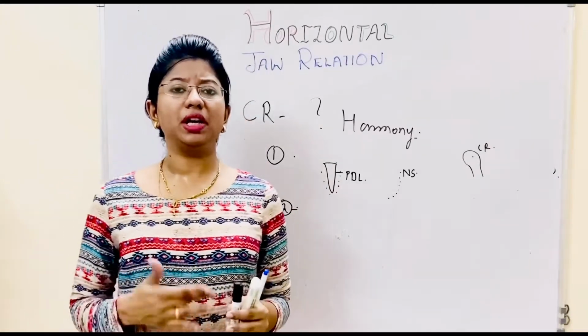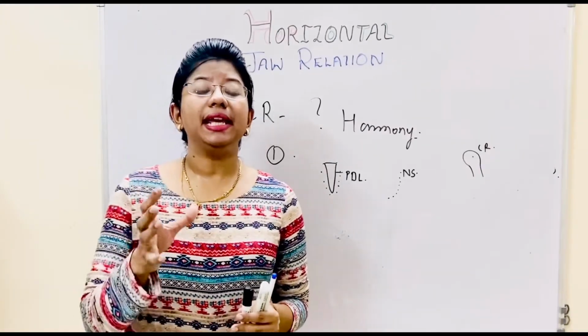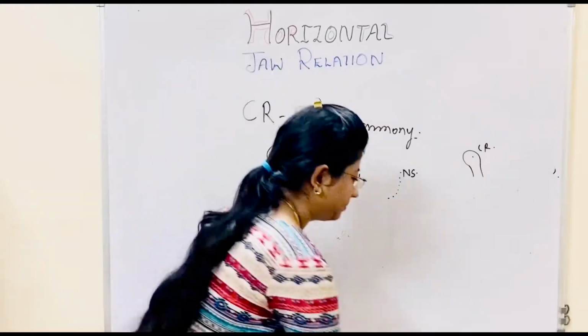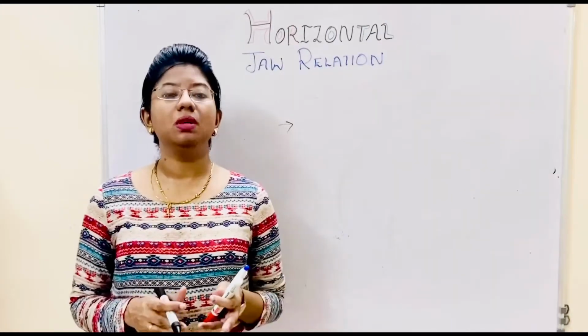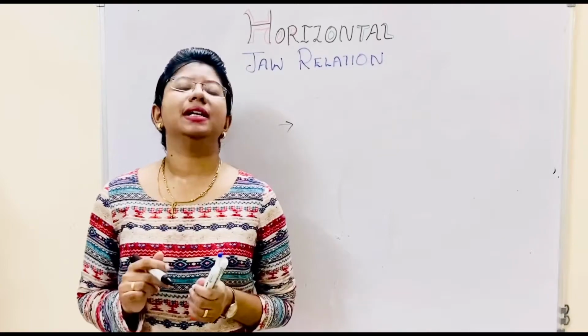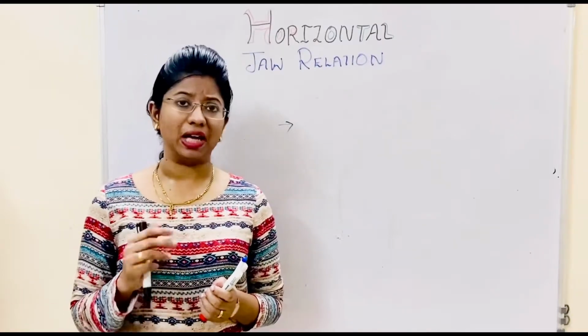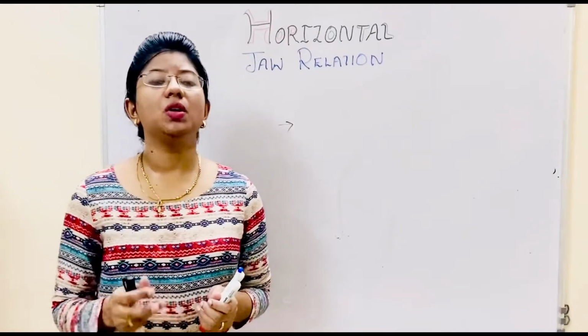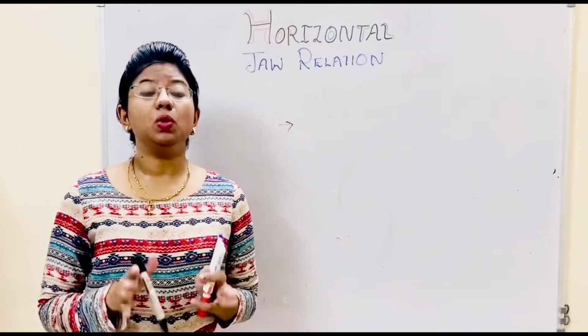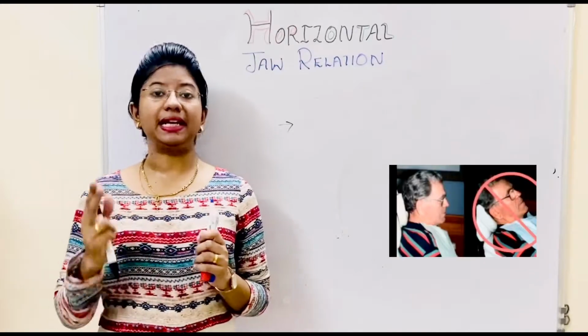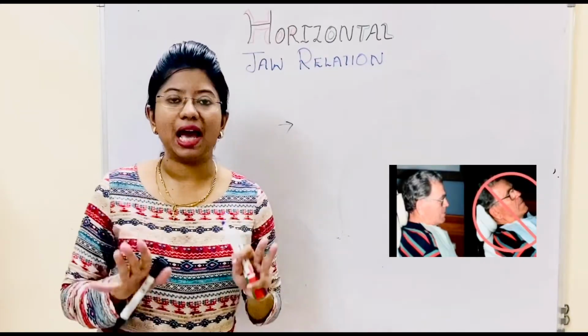Now, how can you take the patient in centric? The question arises, how do you ask the patient to close in centric? It is not the case that you ask the patient, please close in centric, and he will do that. That is not possible. Then how can you do that? First, you need to make the patient sit straight. Second, you ask the patient to relax.